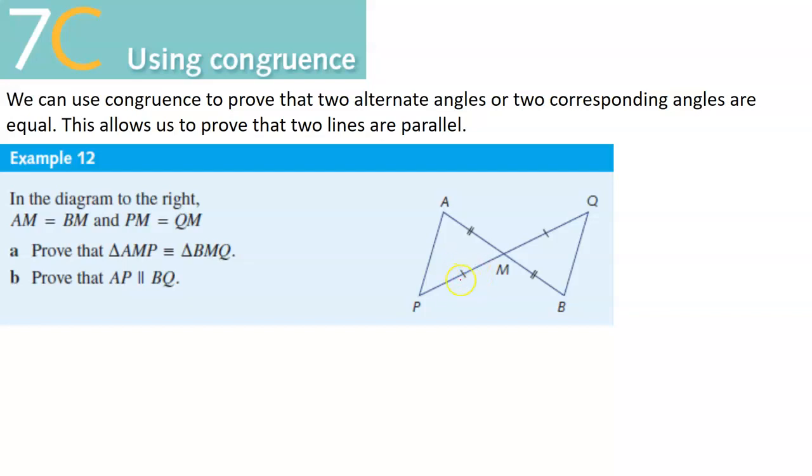Well, we're given that this side is equal to this side. We're also given that this side is equal to this side. Now, this angle here is equal to this angle here because they're vertically opposite.